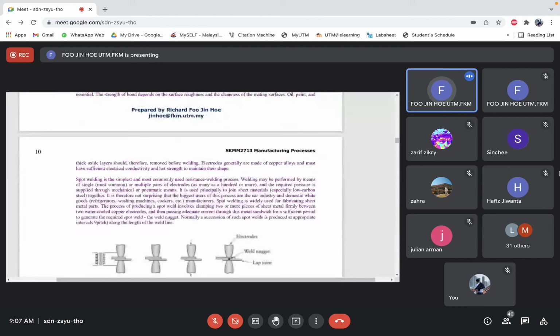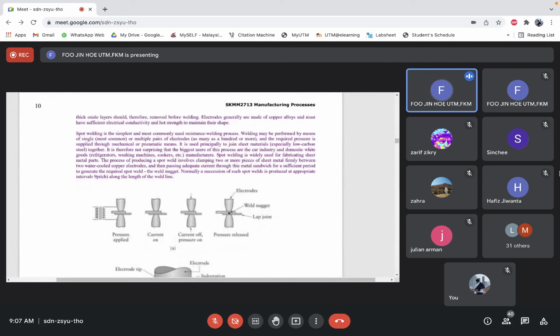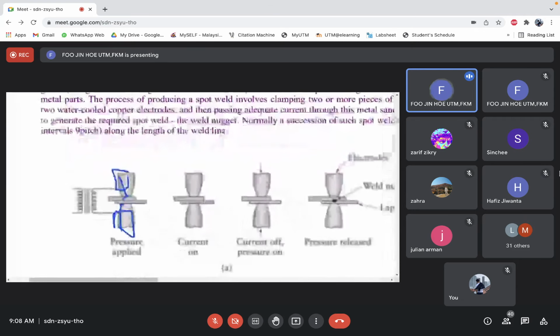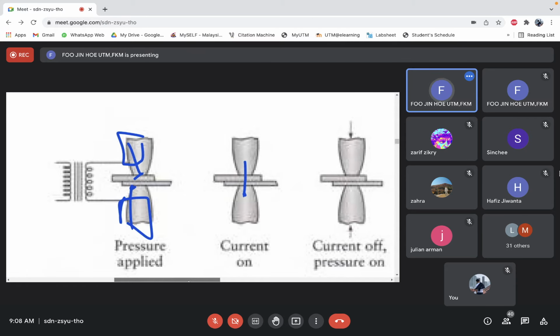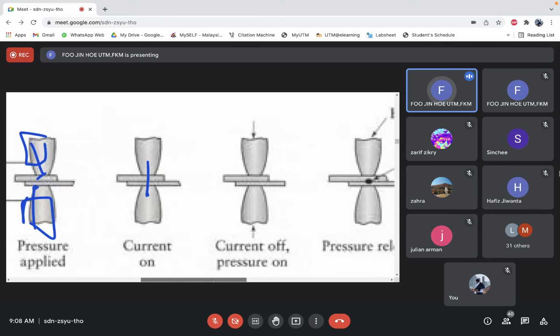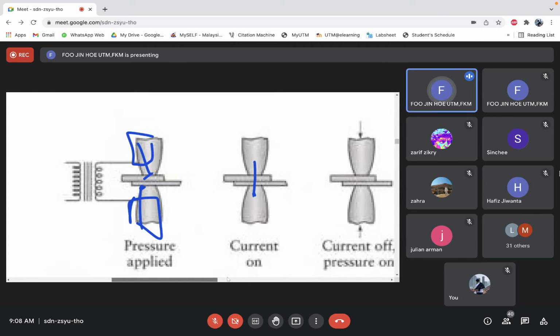In the spot welding process, basically you have two electrodes, one at the top, one at the bottom, and you compress two pieces of metal together. When the current is on, there will be a flow of electrons through this metal, and then you apply some pressure.